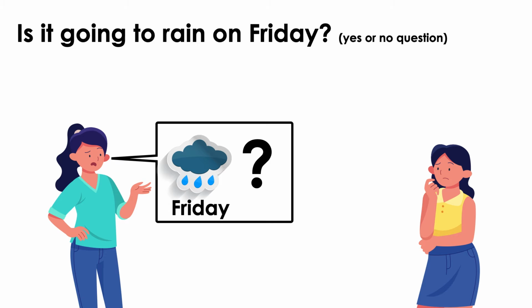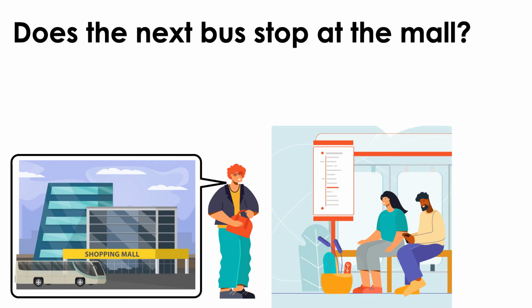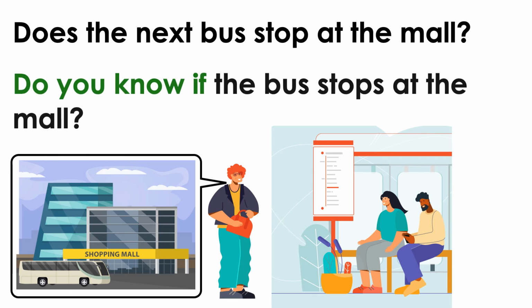So to make an indirect question, we would ask, "Do you know if it's going to rain on Friday?" "Do you know if the bus stops at the mall?"